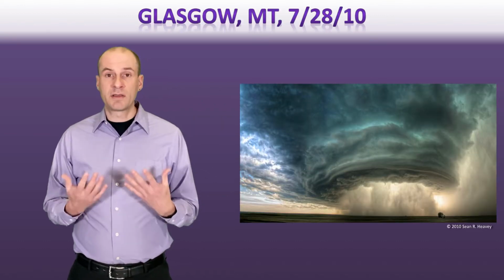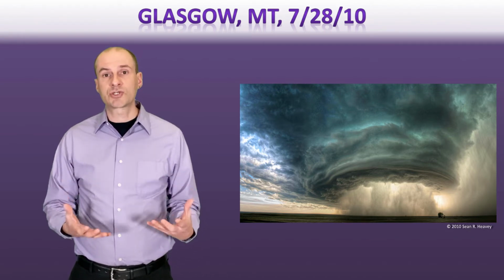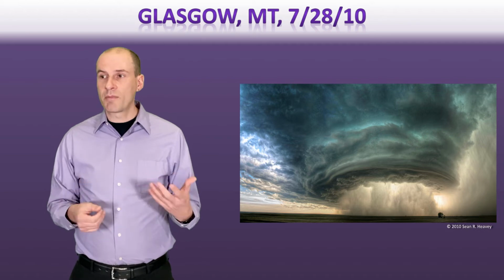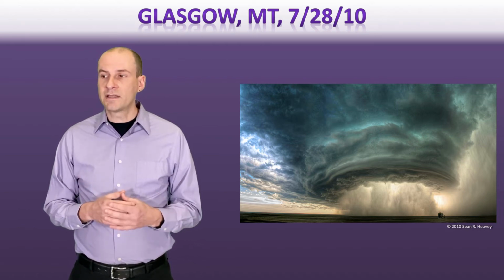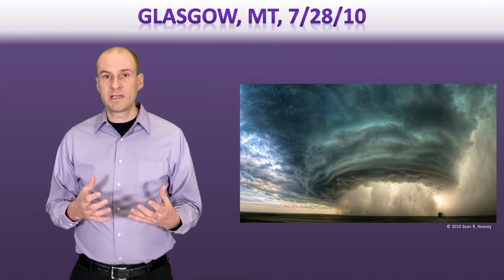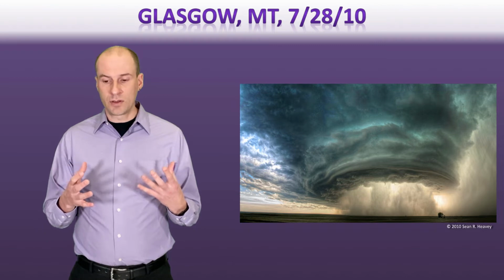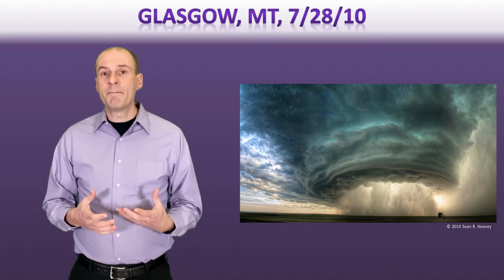Here's just some of the extreme types of weather that you can see in terms of these supercell storms. This is a supercell storm in Montana that occurred in 2010, and you can just see the dramatic dropping of water. Some of these really tremendous storms, with a huge amount of moisture, can just drop amazing amounts of water.